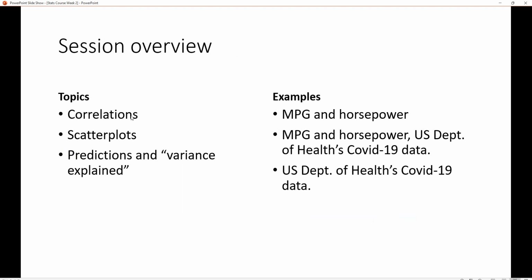So again, we looked at correlations, scatter plots, predictions, and variance explained, and that can give us an idea of the strength in relationships and our understanding of it.